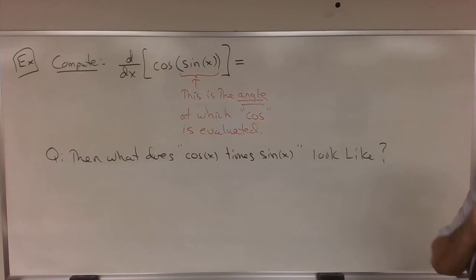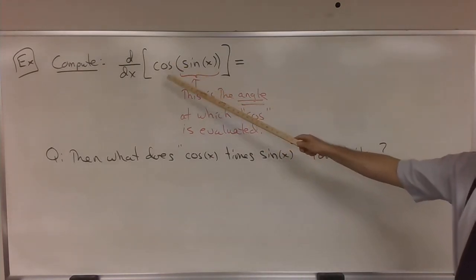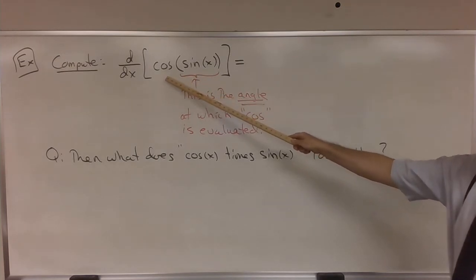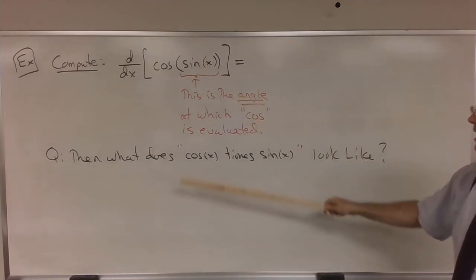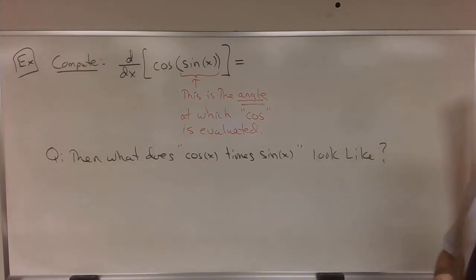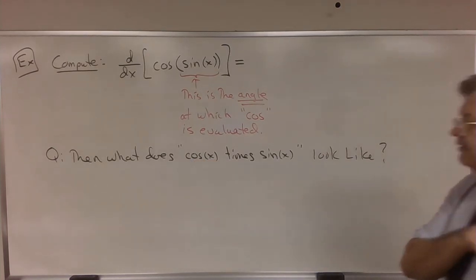So we do need to answer this question. If this thing is not cosine times sine, or cosine of x times sine of x, then what does cosine of x times sine of x look like? And here's what it looks like.